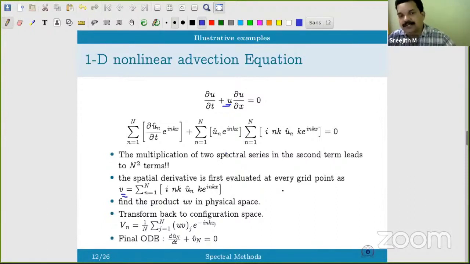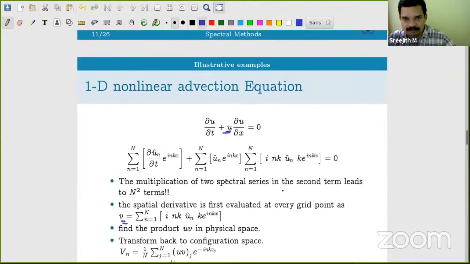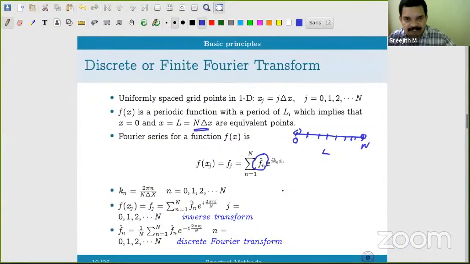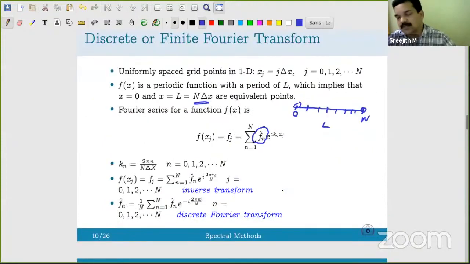So that's the 1D nonlinear advection equation. One thing I have forgotten here is that when you take the Fourier transform, the function u(x) should be a continuous function.